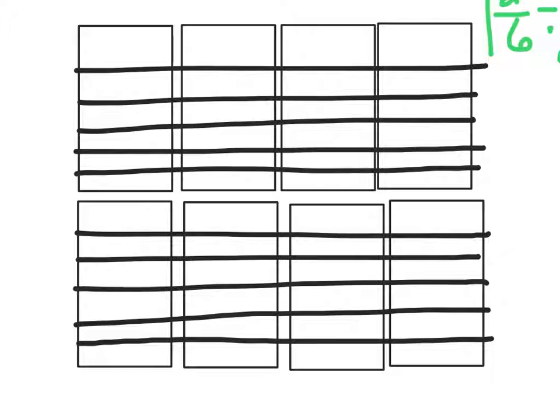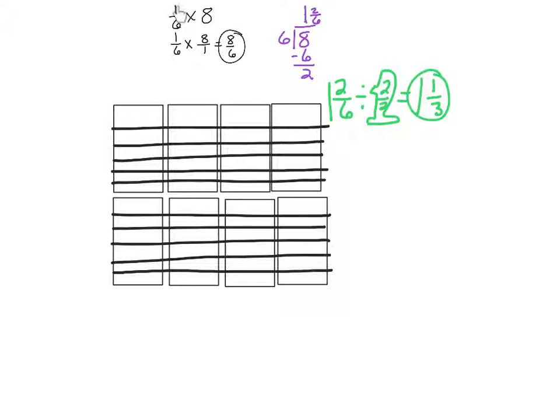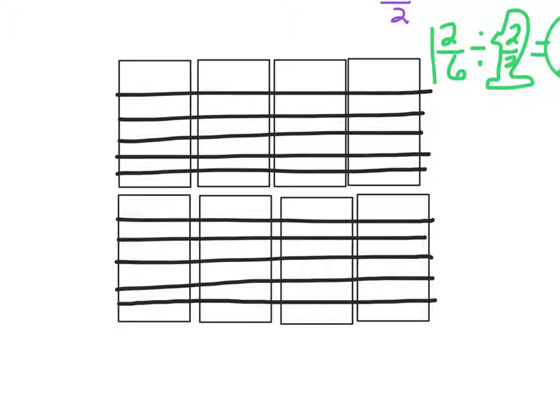Superb, my friends. Okay, so now in each of these, I only get 1 out of those 6, right? So I only get 1 out of each of those. So let's go ahead and enlarge this a bit. I'm going to use this and go 1 here, 1 here, and 1 here, 1 here, 1 here, 1 here, 1 here, and 1 there.